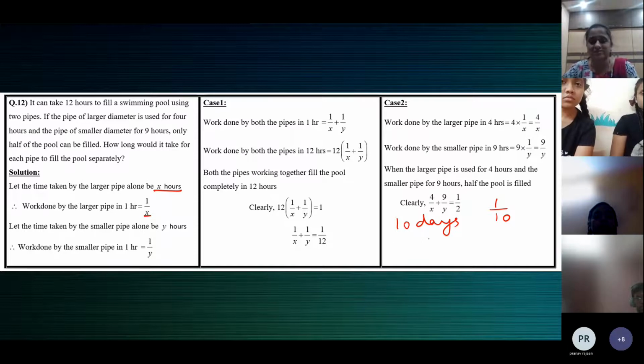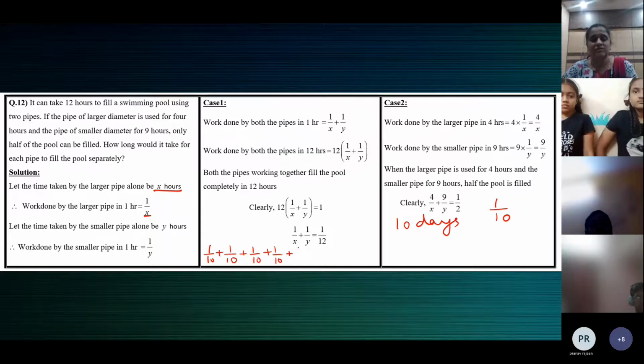You divide the task into 10 equal portions, and you complete 1/10 of the task every day. So 1 by 10 on the first day, plus 1 by 10 on the second day, plus 1 by 10 on the third day, fourth day. This is the fraction of work completed.